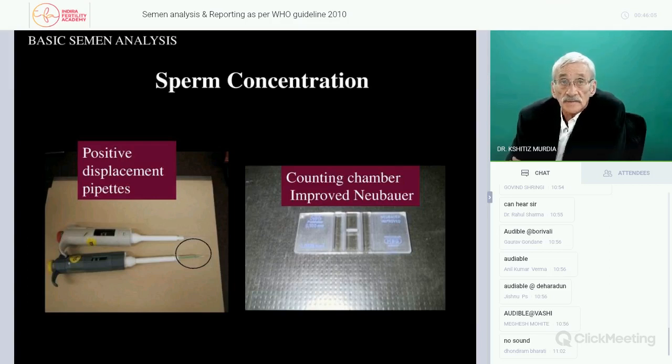They prefer to use positive displacement pipettes, but there was a publication showing that the negative displacement pipette gives the same results as the positive one. So it's your choice. The positive displacement pipette is very expensive because the tips are used individually and you cannot reuse or clean them.